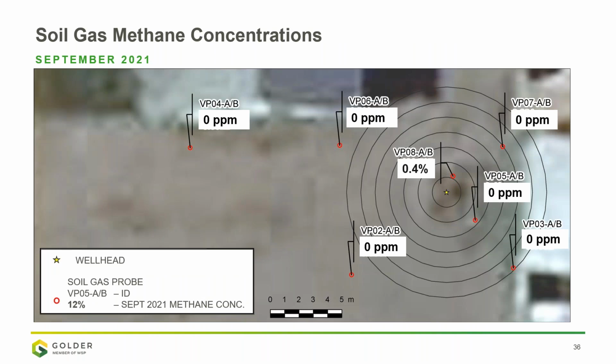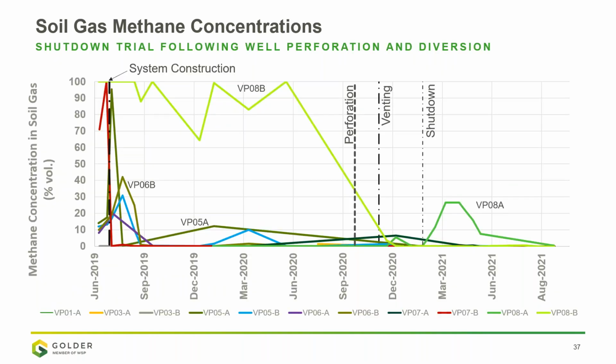Let's go to the concentration over time plot. Yeah, so they bounced around for a while and then stabilized pretty low. So this plot shows the concentrations of methane over time, and it goes back from the start of the monitoring back in June 2019, when the system was constructed and the soil gas extraction started.